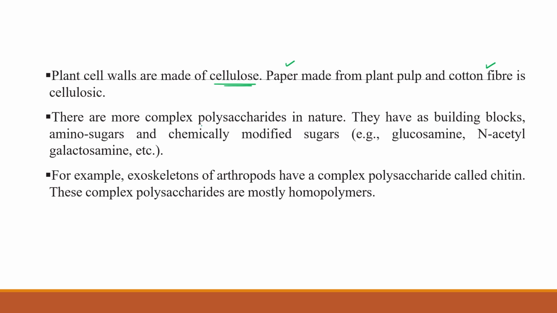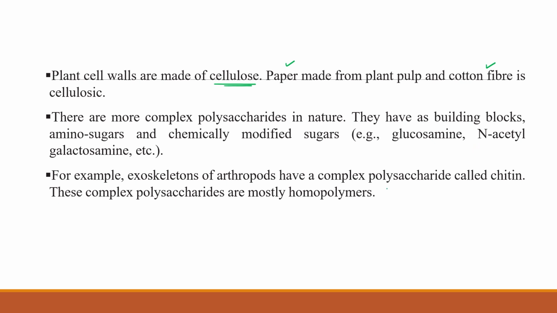That's why it is written over here that there are more complex polysaccharides in nature. They have building blocks of amino sugar and chemically modified sugar like glucosamine and acetylglucosamine. These are certain examples of chemically modified sugar or amino sugar.